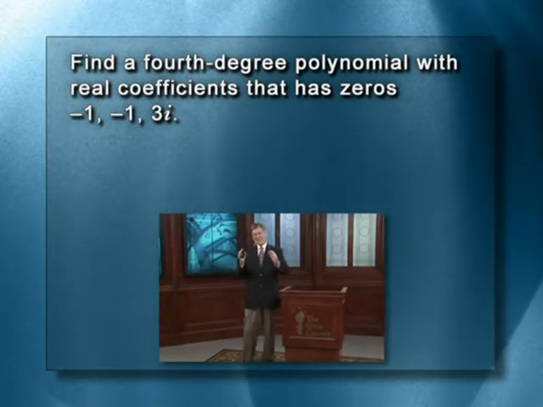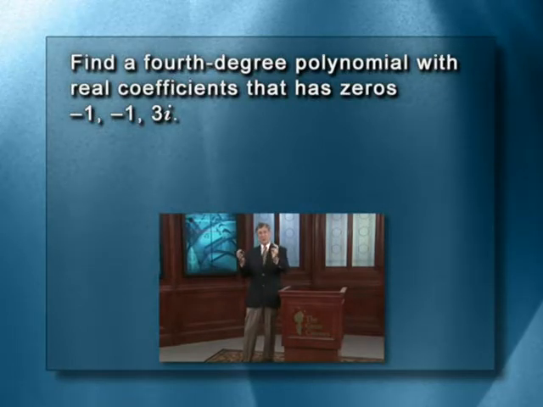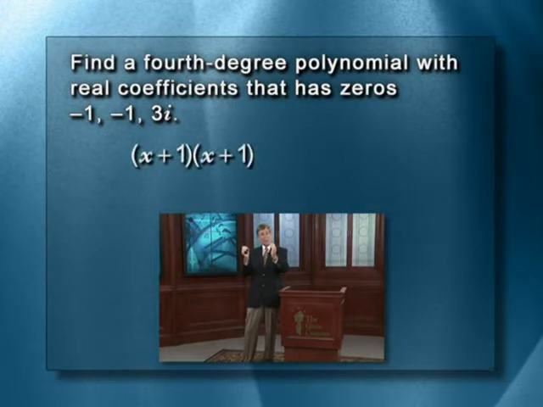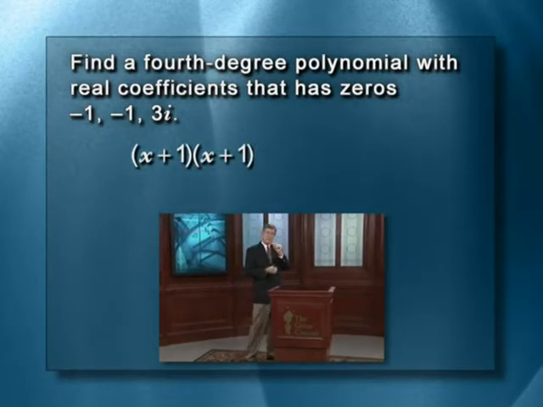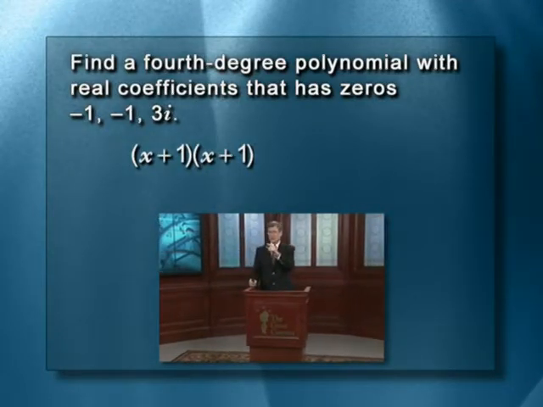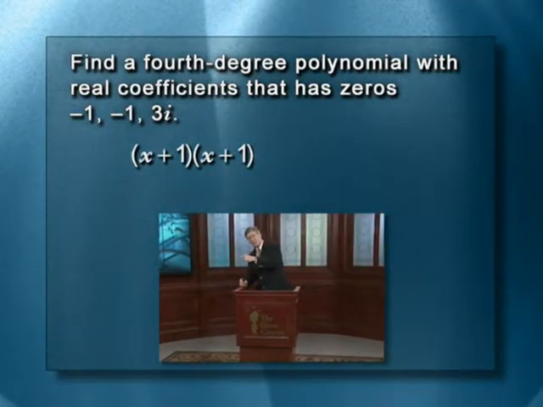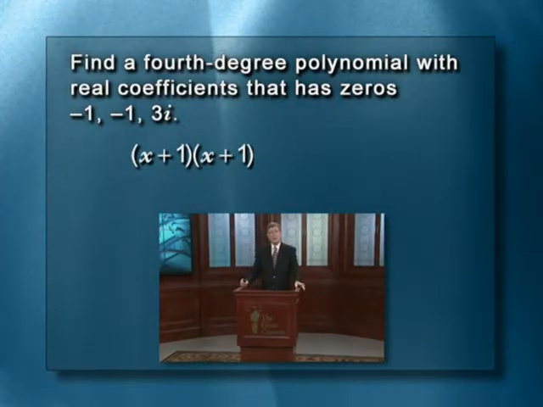Well, if -1 is a 0 and it's repeated twice, then you'll have two terms, x plus 1, x plus 1. Now, what about 3i? 3i, if that's a 0, then -3i, its conjugate, also has to be a 0 because we want our polynomial to have real coefficients.